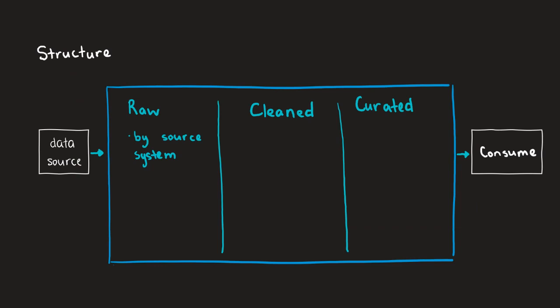Then the cleaned area, I would start putting it into the same structure as you put it in the curated area. And in the curated area, you want to have the folder structure by the usage of how that data is used, because it's not necessarily going to be the same structure that it was coming in from the data sources, because you might be doing some combining of the data and leveraging transformations and so on.